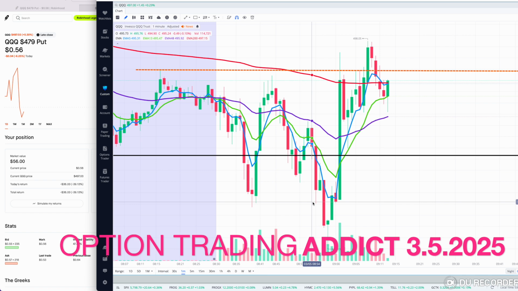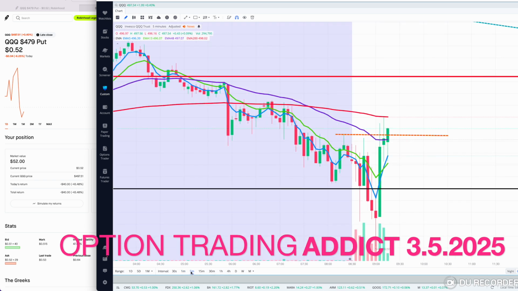Still under the 200 EMA on the 1 minute chart. I'm willing to lose $50 in this trade. That's what I'm willing to lose. It's looking like it's gaining some strength though.